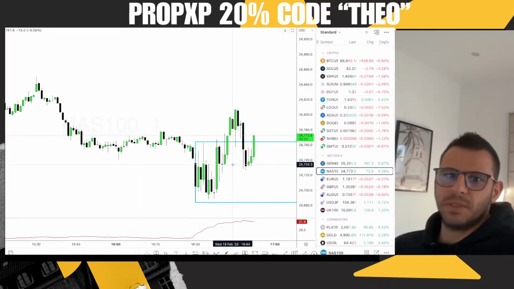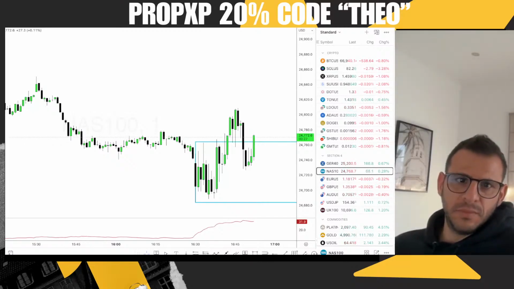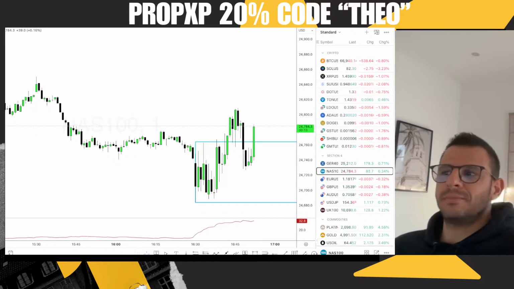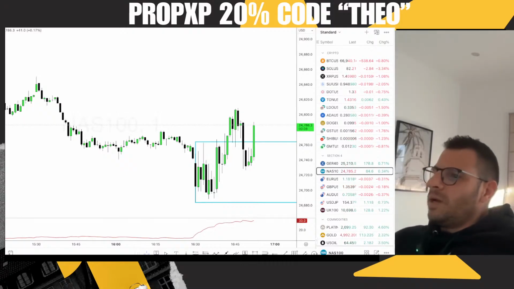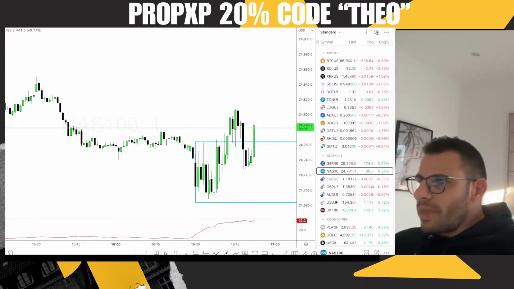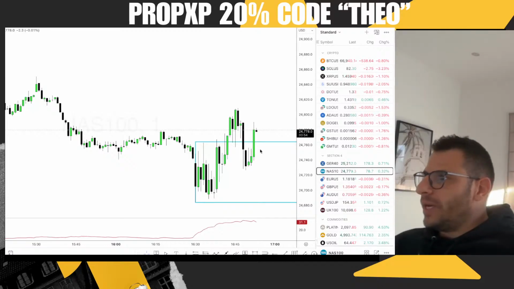Up, here it comes. Here it comes. Big green candle.